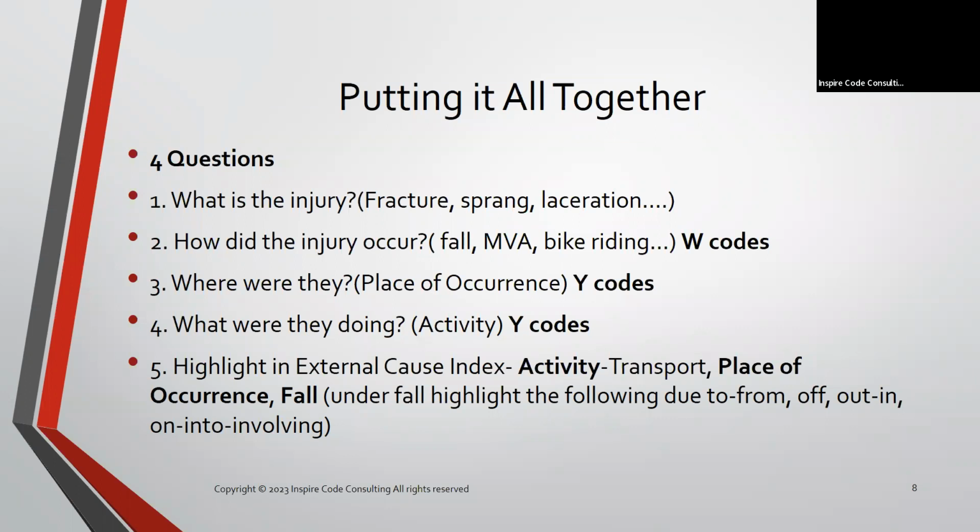So, just another tip, in your book under fall, highlight the following: due to or from. So you can fall due to something, or you can fall from something. You can fall off of something. You can fall out of something or fall in something. You can fall on something, you can fall into something, and you can fall involving something. So just be mindful of all of those different types of falls.